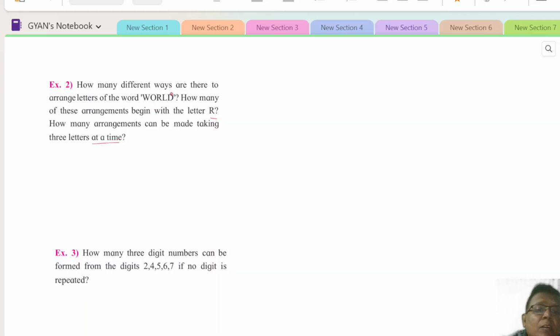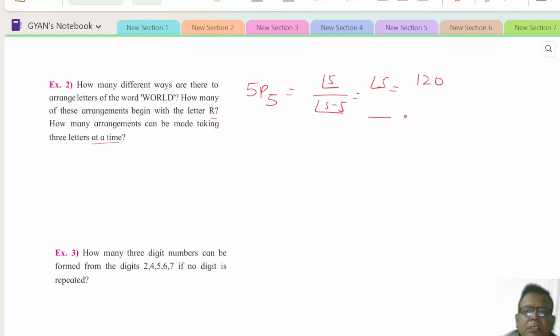First, all 5 letters taken at a time: 5P5, which is factorial 5 divided by factorial 5 minus 5, that is factorial 5, which is 120. Or you can do it the way I taught previously: 5 4 3 2 1, that is nothing but factorial 5.